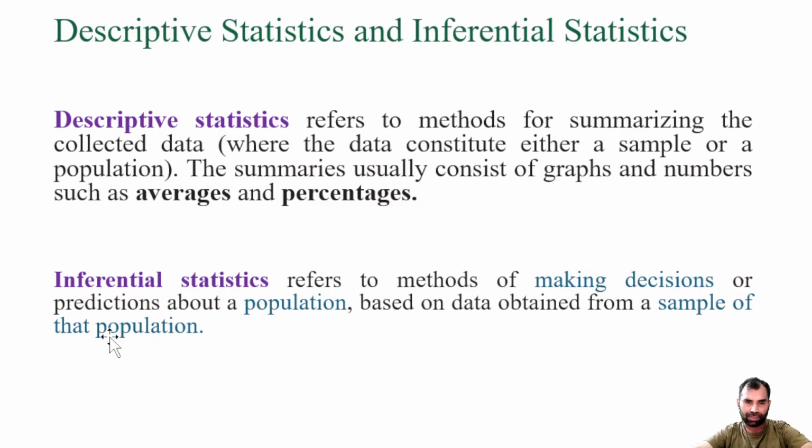And inferential statistics refers to methods for making decisions or predictions about a population based on data obtained from a sample of that population. So we pick a sample from the population, and then on the basis of analysis of the sample we make a prediction about the population.